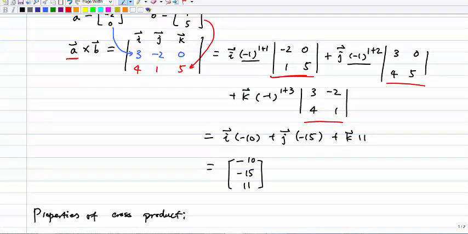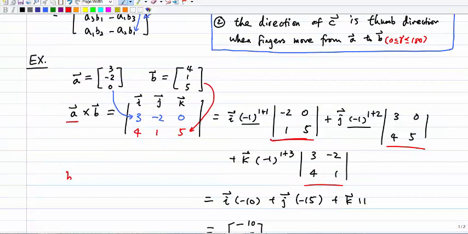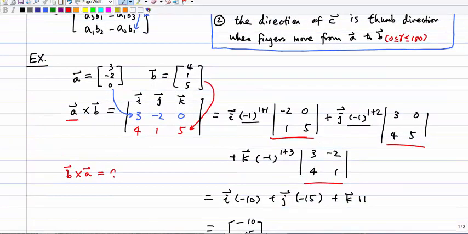So one question is, what if I want to compute B cross A? A simple way is to do I, J, K again, but I need to swap the order, so I have 4, 1, 5, then 3, -2, 0.